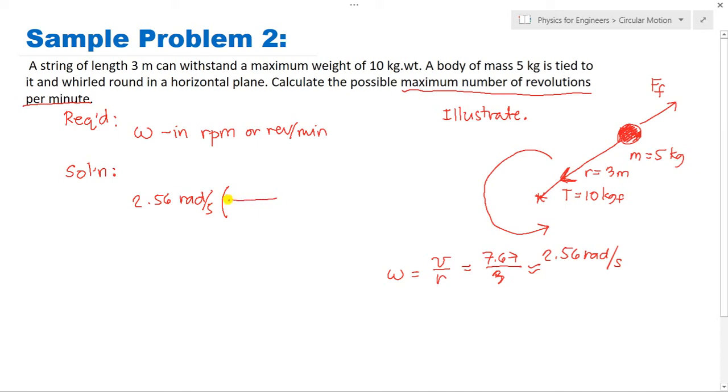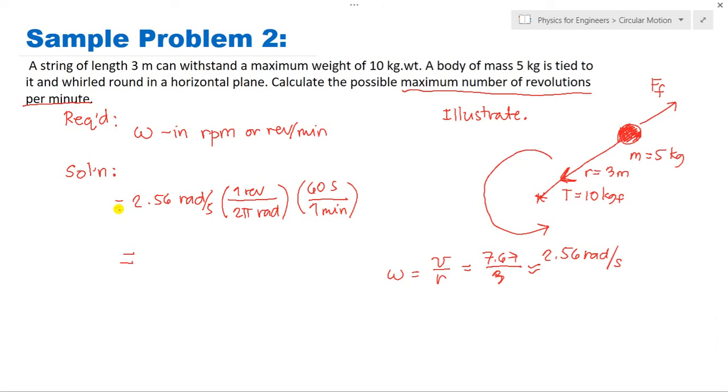We all know that one revolution, or one full turn of the circle, is equivalent to 2 pi radian. So take note of that, class. Then we also know that 60 seconds is equal to 1 minute. Then let's simplify: 2.56 times 60 divided by 2 pi.